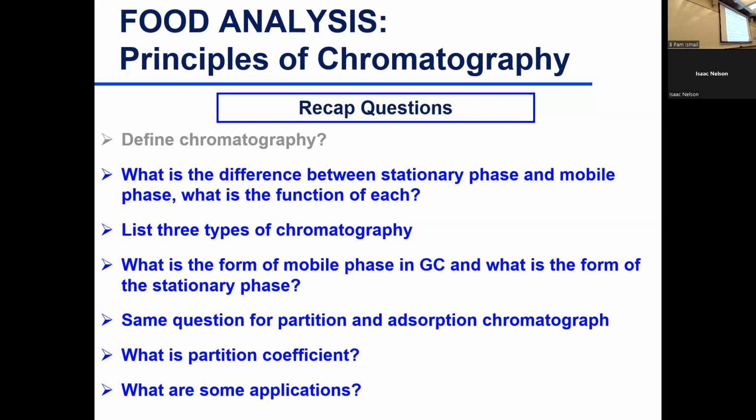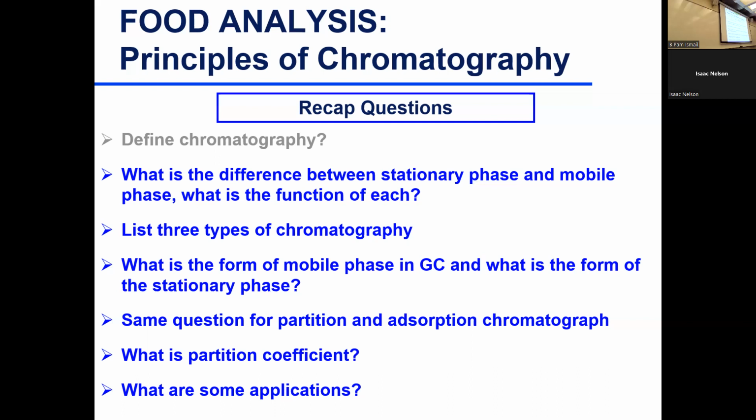What about adsorption chromatography? What would be the stationary phase? We already know it is liquid chromatography, so you have a mobile phase that is liquid, but what would your stationary phase be? Solid, yes. Okay, good. What is a partition coefficient?